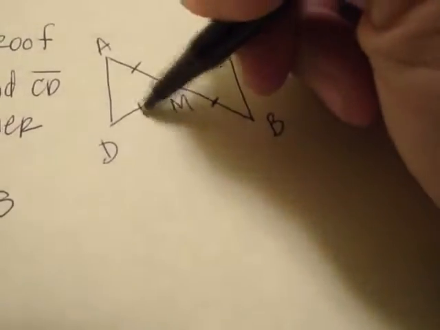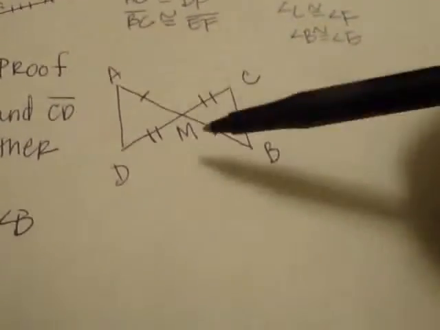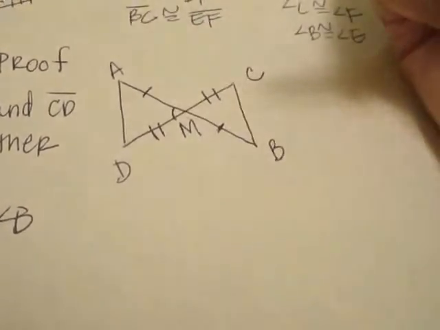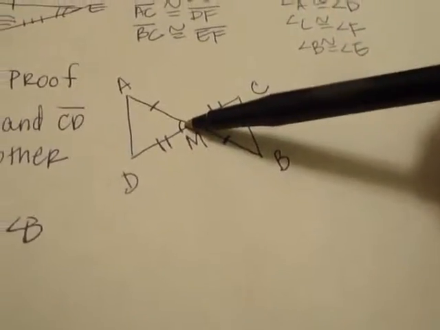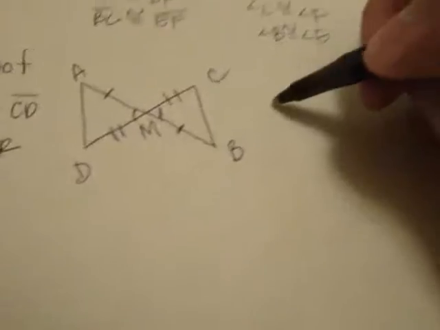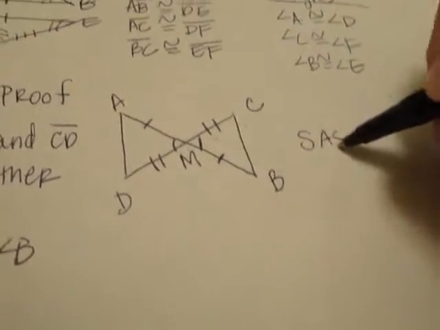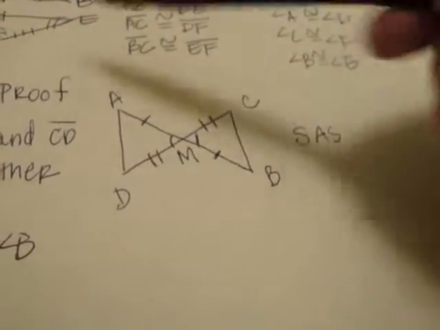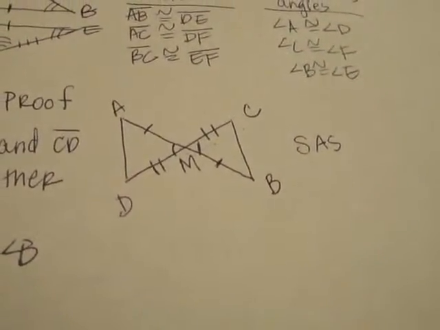So then we can conclude that DM is congruent to MC. And then we see that these two triangles share similar angles, and we can say that angle AMD is congruent to angle CMB because of vertical angles. And so I see a side here, I see an included angle, and I see a side here. So we are going to prove that these triangles are congruent using side angle side. And then, based on proving that these two triangles are congruent, we can then prove that angle A is congruent to angle B because they're corresponding angles.